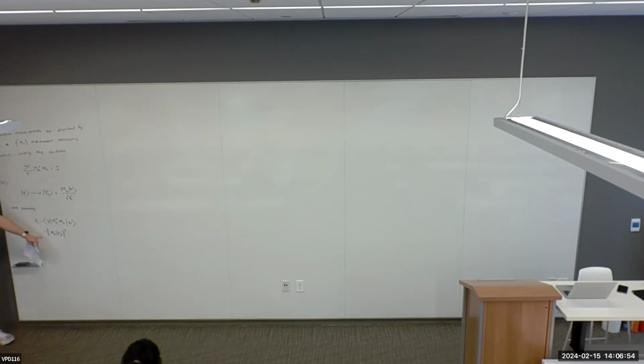And since this is a norm, it's already greater than or equal to 0, which is the condition for probability. This quantity cannot be negative.